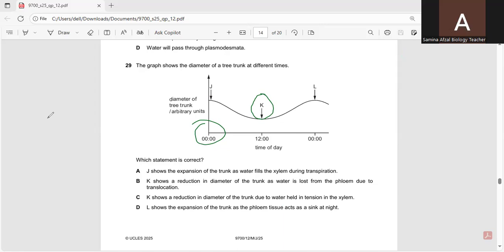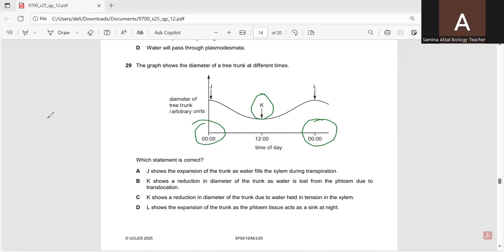Translocation is the movement of sugars through the phloem, so not through translocation. Again, at L, the diameter is greater. J shows the expansion of the trunk as I fill the xylem through transpiration.